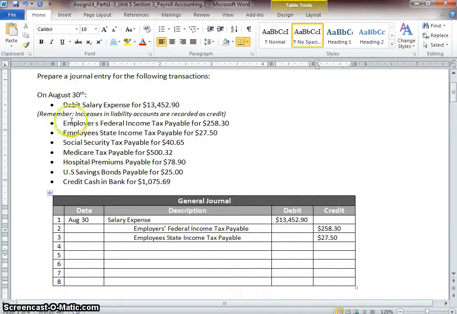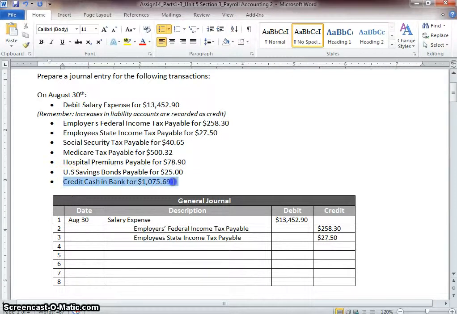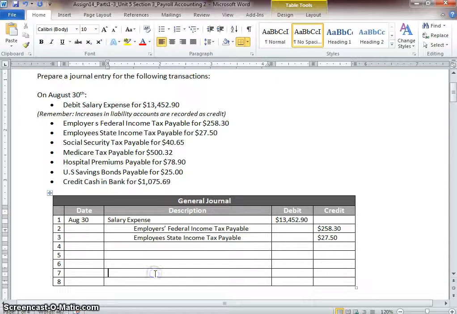So we're just copying in the rest of these transactions, and the last one tells you we are crediting our cash in bank, so we are deducting cash in bank for $1,075.69. So finish out your journaling of transactions in this part one.